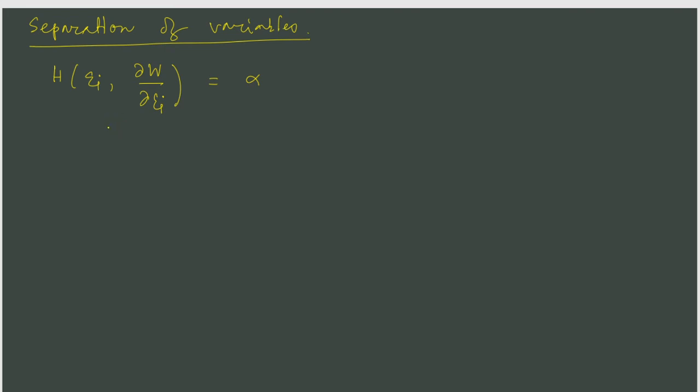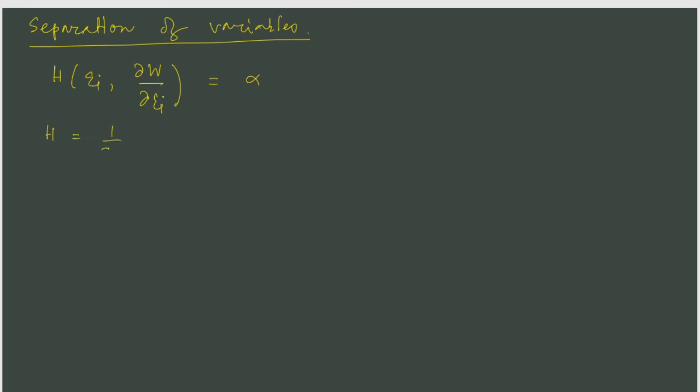Now, just an example. Let's say we have a harmonic oscillator problem where the oscillator is oscillating both along x and y, so it's basically a two-dimensional oscillator.